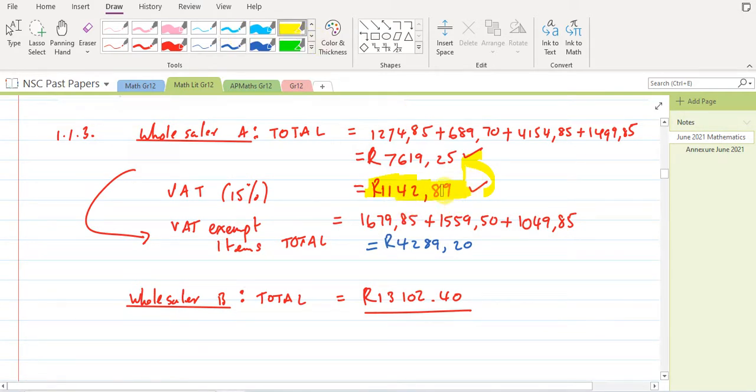So what you need to total up is this VAT amount which is charged on these 4 items, and these VAT exempt items total up to this. So you need to total up this one and this one here, those 3 highlighted in yellow.